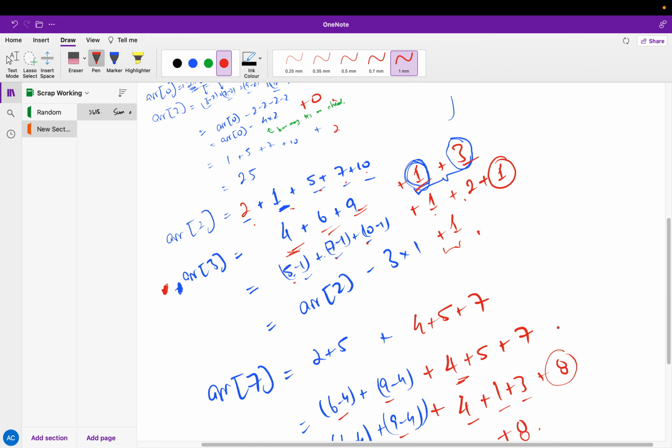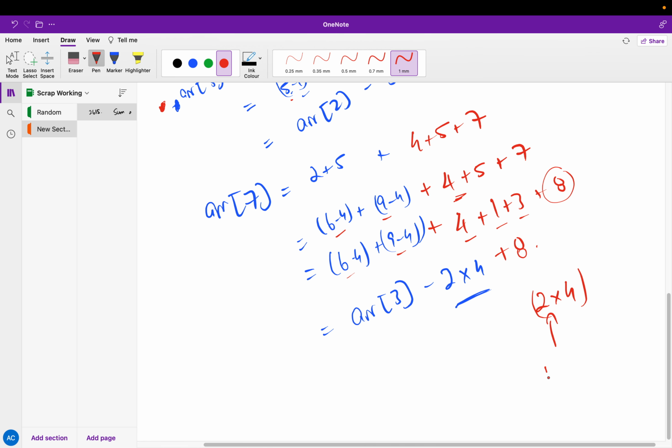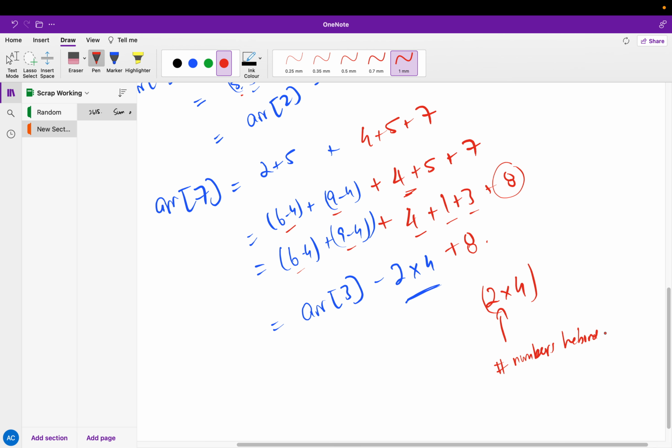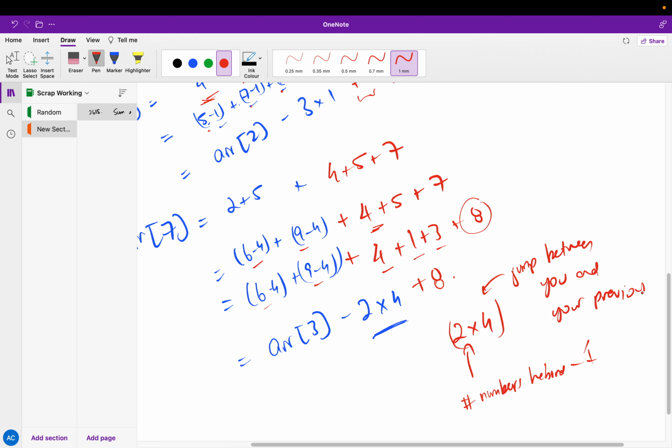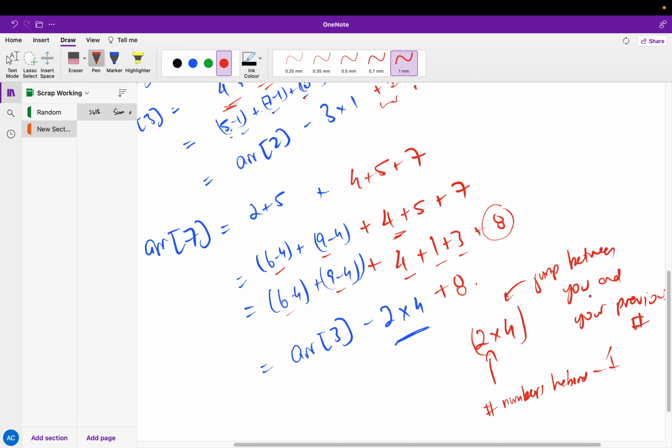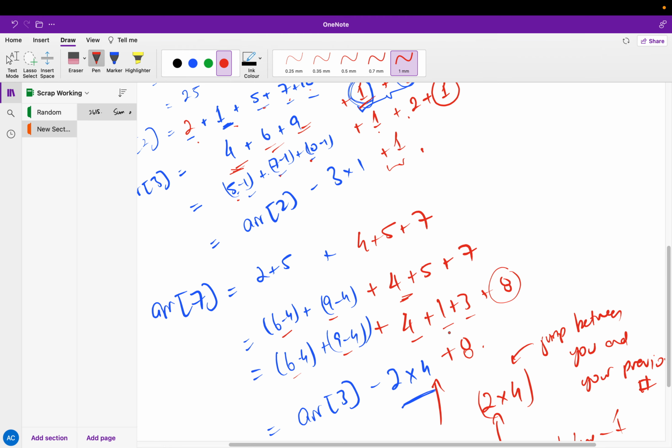2 because it's the question of how many numbers behind you, minus 1, and 4 is the gap, the jump between you and your previous number. Okay, this might make 0 sense.